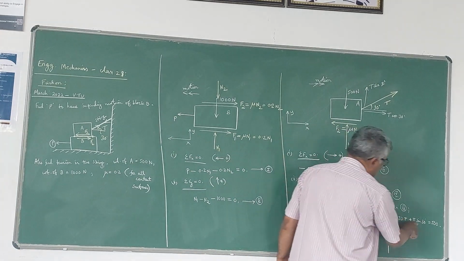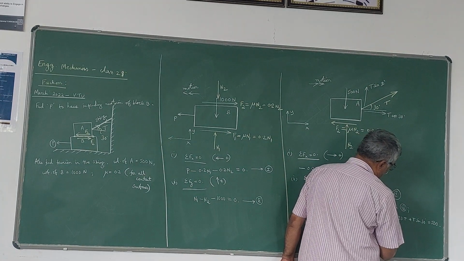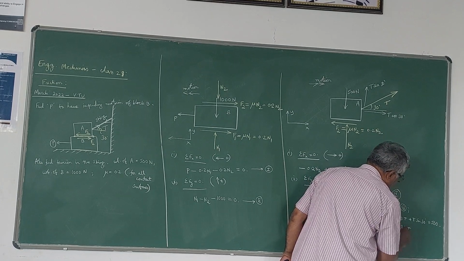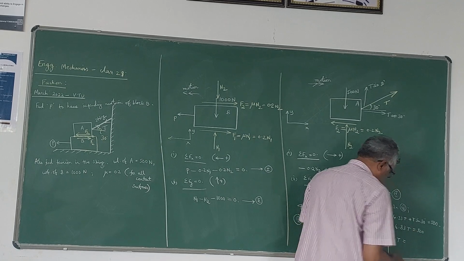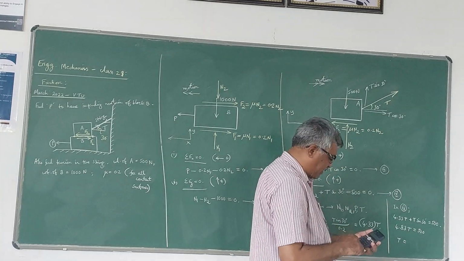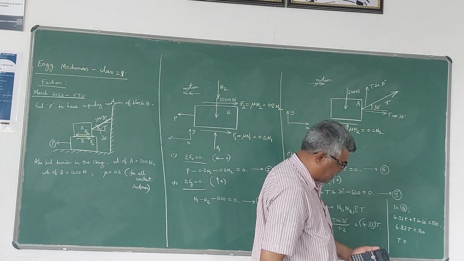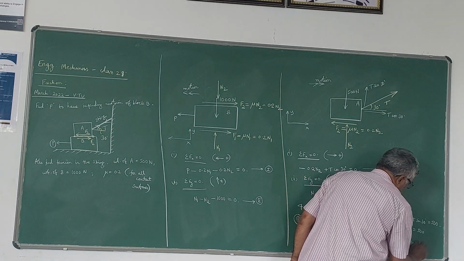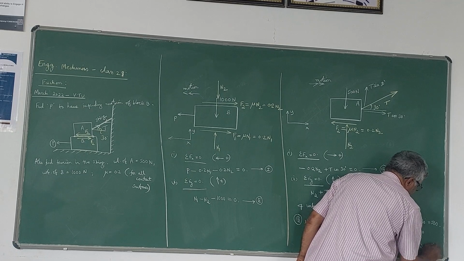Here sin 30 is half, so this is 0.5 plus 4.33, 4.83 T is equal to 500. Therefore, T is equal to 500 divided by 4.83, which is 103.52 newtons. So this is the tension in the string.